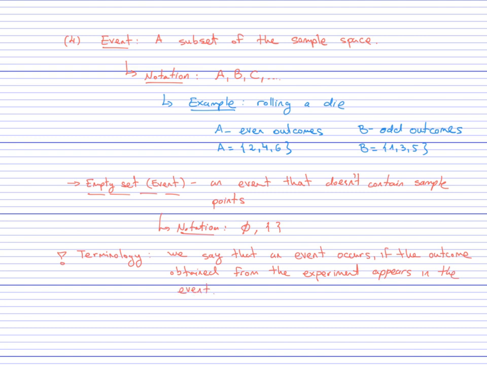I'll explain what I mean by that. When exactly do we say that the event occurs? Let me show you an example. Suppose that, again, the example is rolling a die.